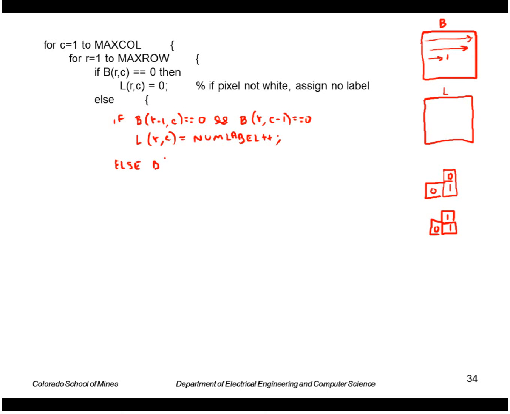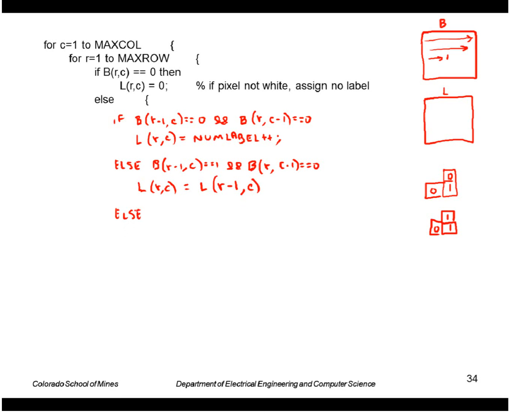In other words, B of R minus 1 C is a 1, and B of R C minus 1 is a 0. In that case, I want to assign the label at this point to be the label of the point above, because that guy has already been assigned.